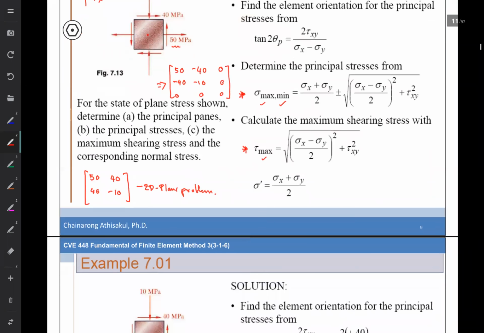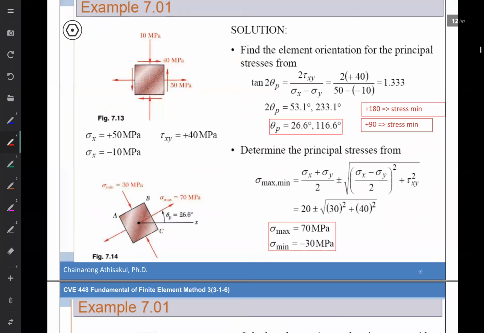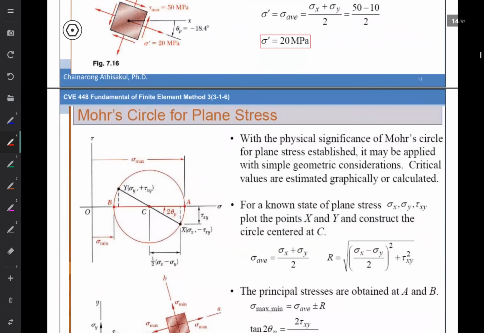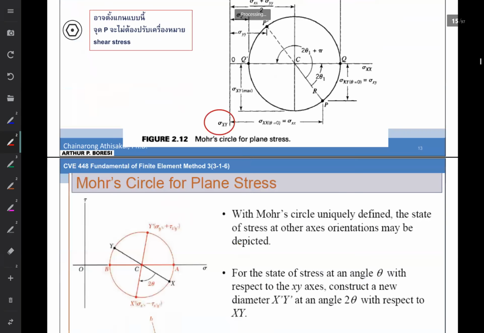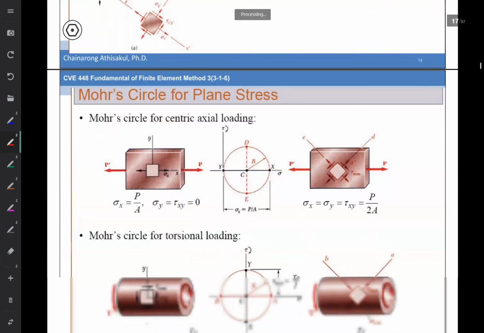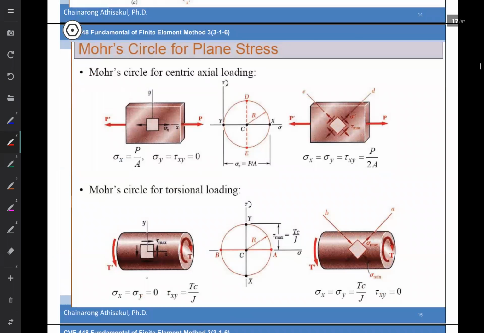Okay, so we will move to another example, which may show you the state of stress at a point for a particular case that we are familiar with.